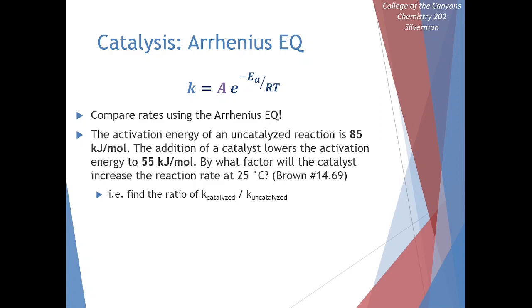Our strategy can be, can we find this ratio of catalyzed versus uncatalyzed rate constants? And so there we go. Let's set it up like this, where we can abbreviate cat for catalyzed and un for uncatalyzed. We start to see a few things drop out and our calculation becomes a little bit easier.